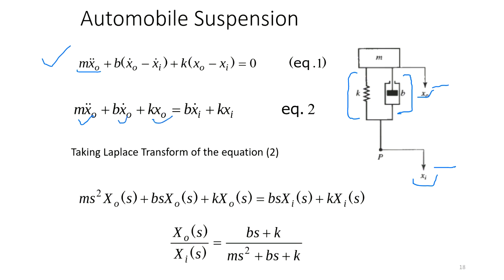Now notice the mass is not directly connected to x1. It's only the spring and the damper. So this is the force for the damper and for the spring for x1. You can equate. So these are the two equations we can write.